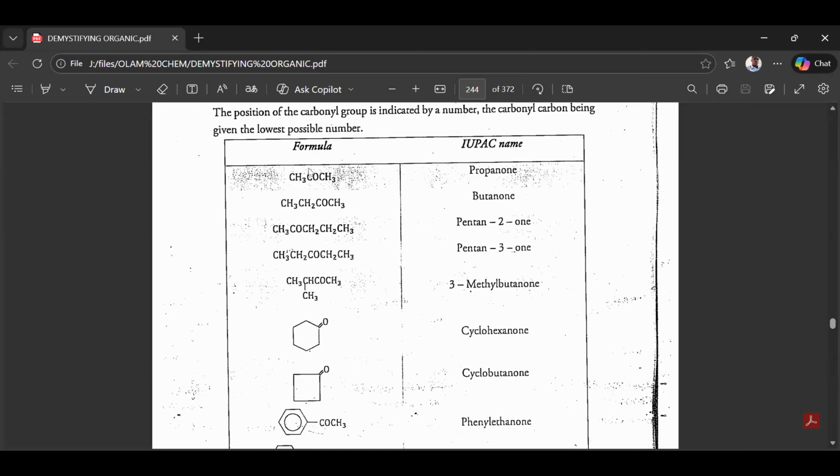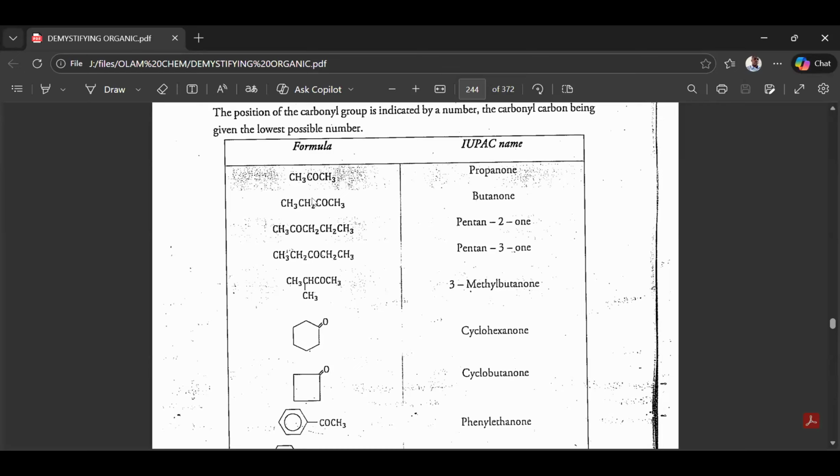Look at the second one. What's the name? Butanone. On this side there is an alkyl group which is an ethyl group. On this side there is an alkyl group which is a methyl group. So that is called what? Butanone.